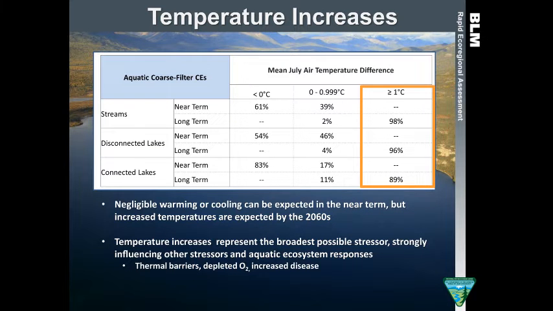So the first one is temperature, and for this table here we have the near term and the long term, which again, near term is the 2020s and long term is the 2060s for each of the conservation elements.